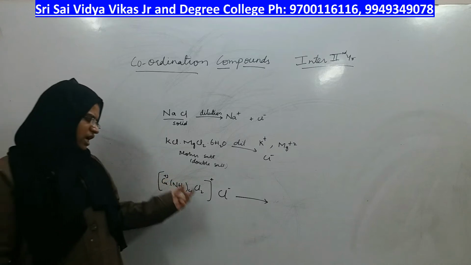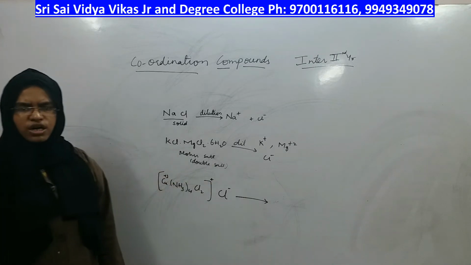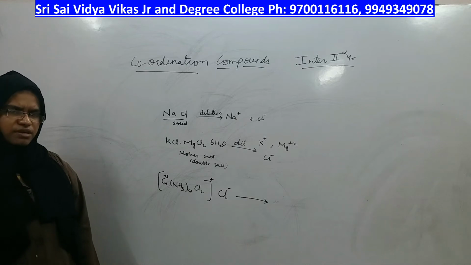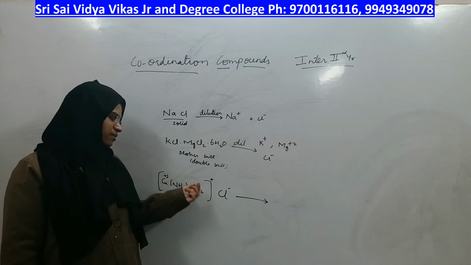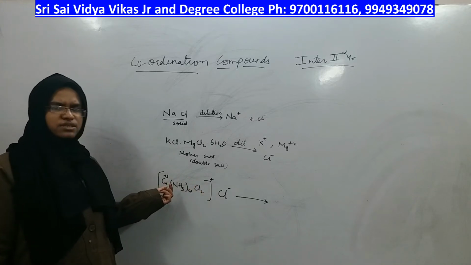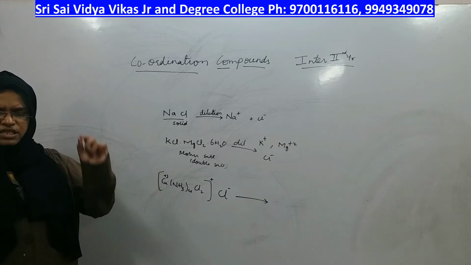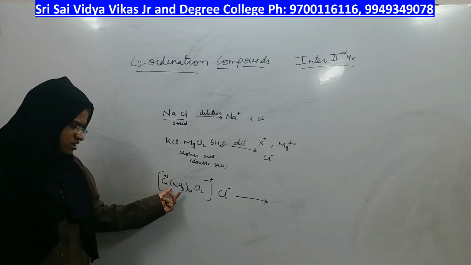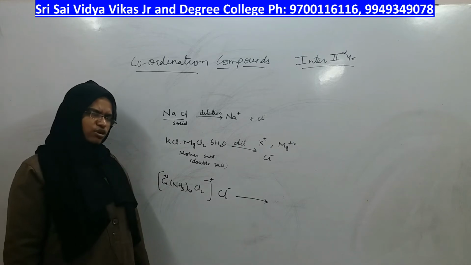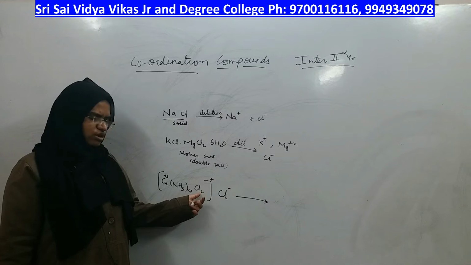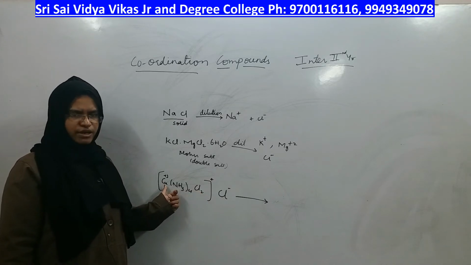Whatever ions are entering inside the coordination sphere are no longer called ions. Negatively charged ions become ligands, and the positively charged ion becomes the central metal ion. Once they are inside the coordination sphere, you cannot call them cation and anion; the anion is called a ligand and the cation is called the central metal ion.